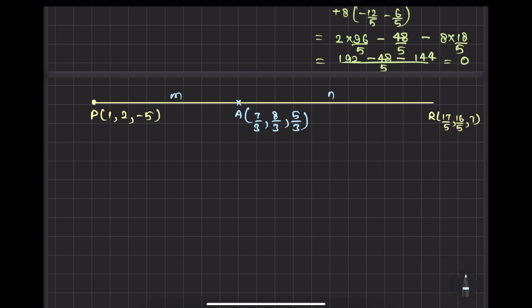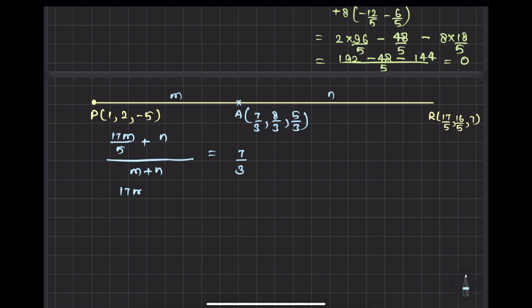So how will you write? It is (17m plus 5n) by (m plus n) times 1 over 5. According to us, the x coordinate is this, but according to them, the x coordinate is 7 by 3.